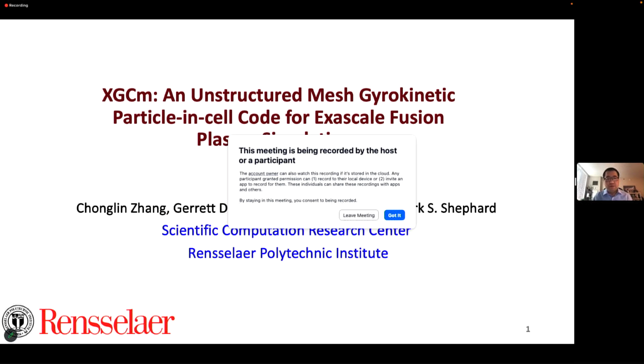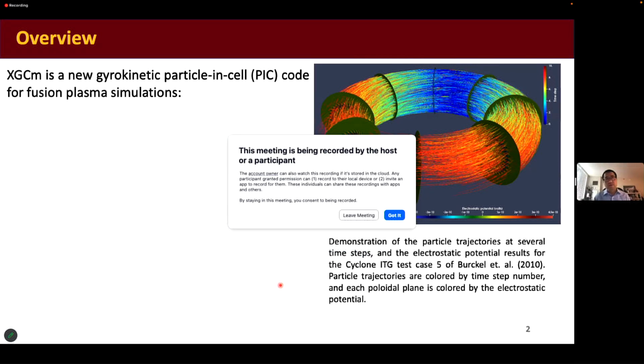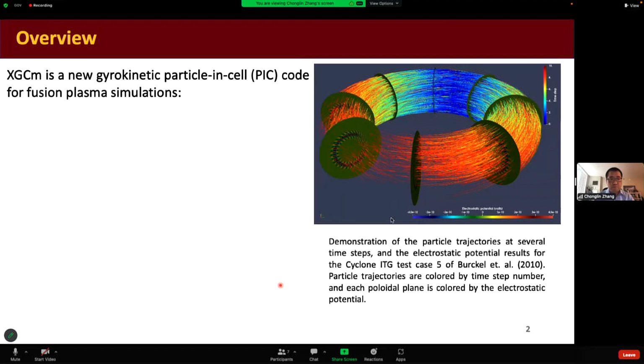First, let's overview what XGCm is. XGCm is a newly developed code for gyrokinetic particle-in-cell simulation and fusion plasma simulation.